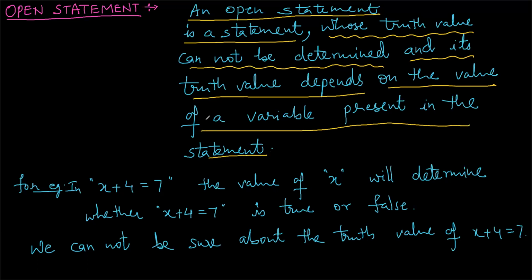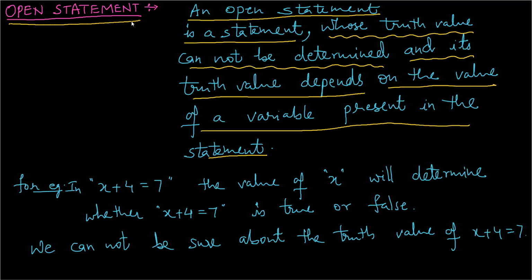When I am given a statement where I cannot determine whether it is true or false, and I understand that there is a variable in the statement, and the value of that variable will decide whether the statement is true or false, then such a statement is an open statement.